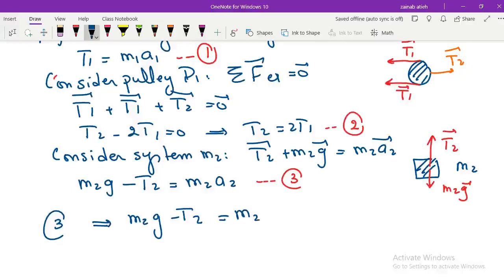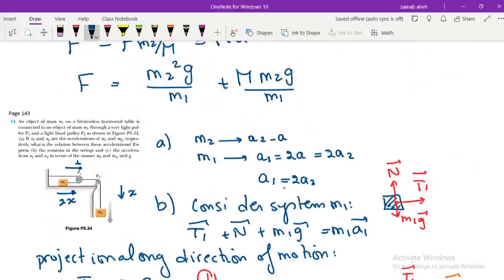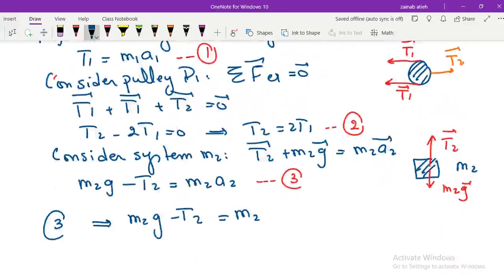What's the relation between a1 and a2؟ كنا نحن لاقيين قبل إنه a1 equals 2 a2. So a2 it's equal to a1 over 2. I will substitute for a1 مثل ما شايفين a1 from equation 1 it will give me t1 over m1, it's equal to m2 t1 over 2 m1. It's a1 it's t1 over m1.